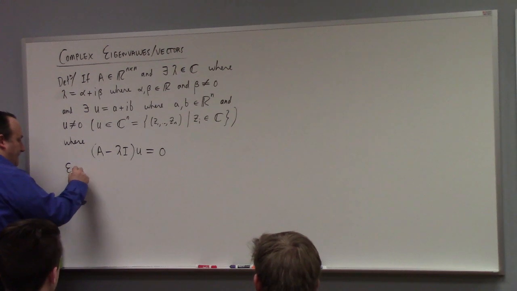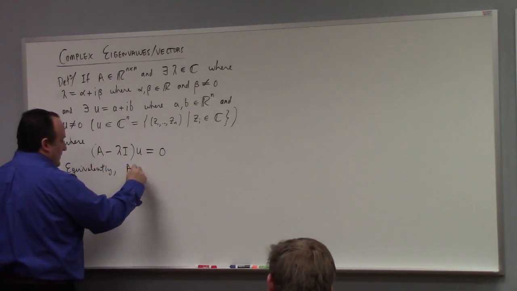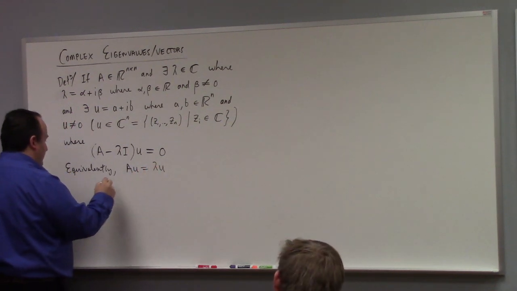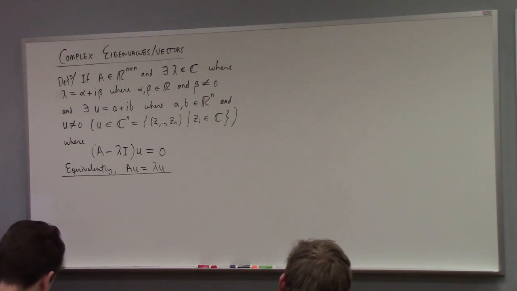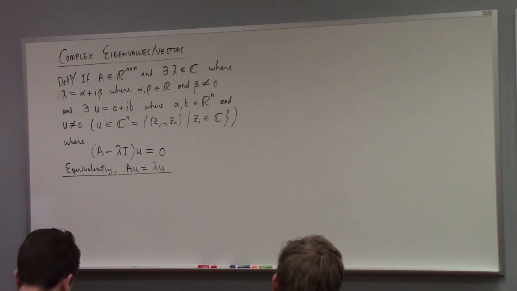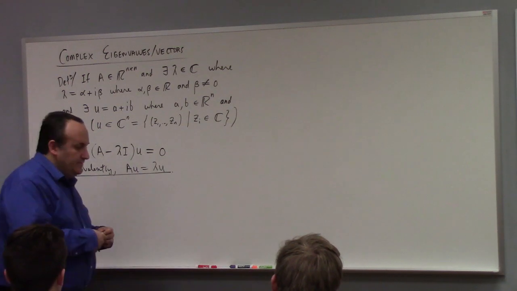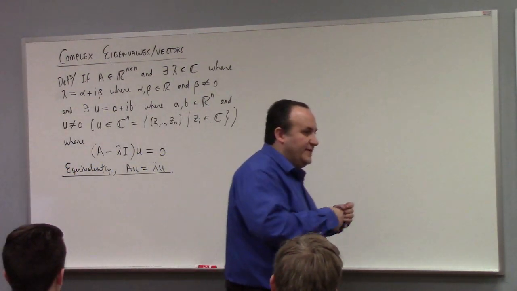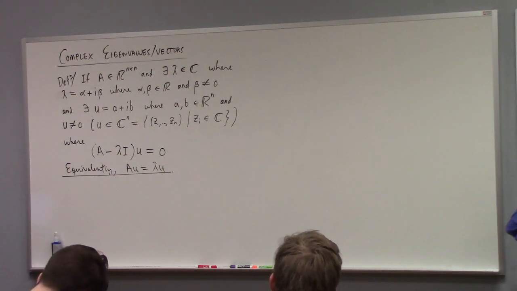Equivalently, Au equals lambda u, if you like, all right? So sometimes this happens to us. Like we go looking for an eigenvector or an eigenvalue, but we can't find any real ones, all right? So we have to entertain complex ones.